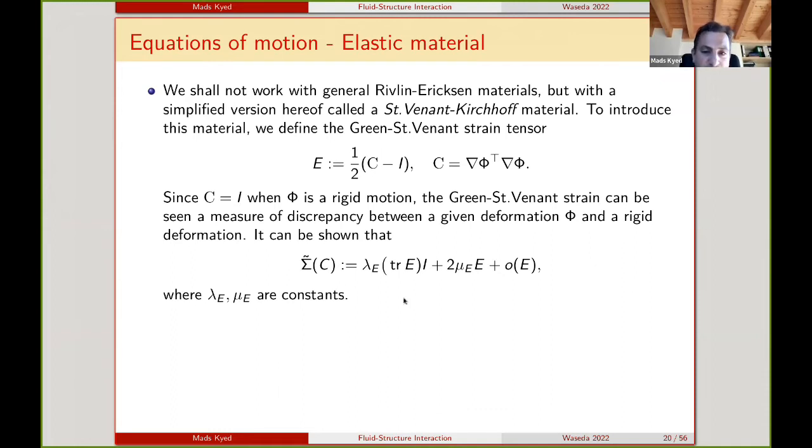Basically, you see down here the response function of the second Piola-Kirchhoff stress tensor for a Saint Venant-Kirchhoff material. So we have here specified how the constants depend on the principal invariants.